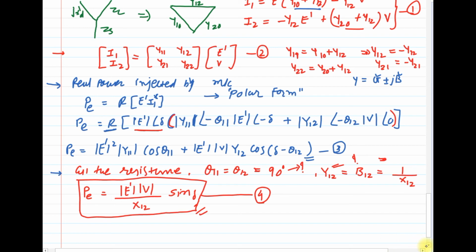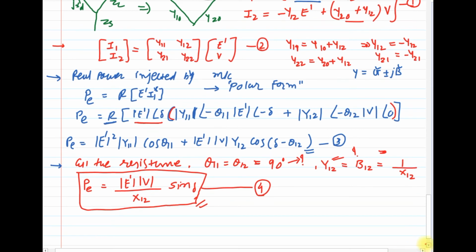This equation number 4 shows that the power generated by the machine and injected into the system depends on the generator voltage, infinite bus voltage, the transfer reactance between the machine and the substation, or I can say load, and the power angle delta.